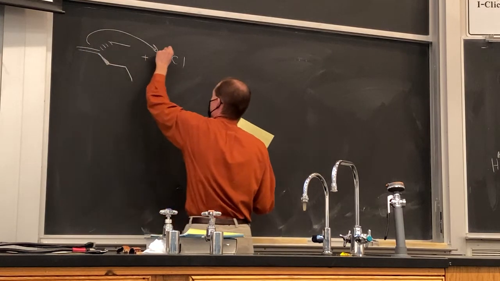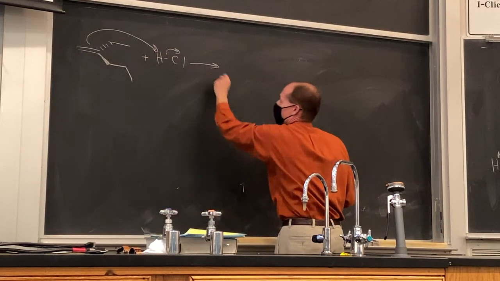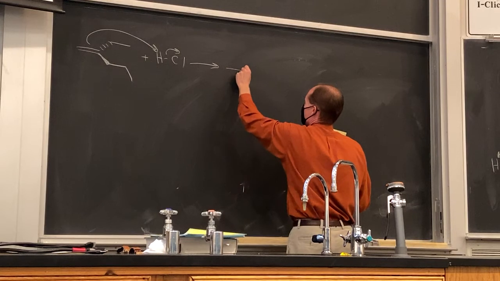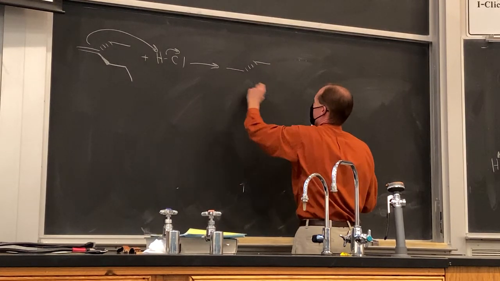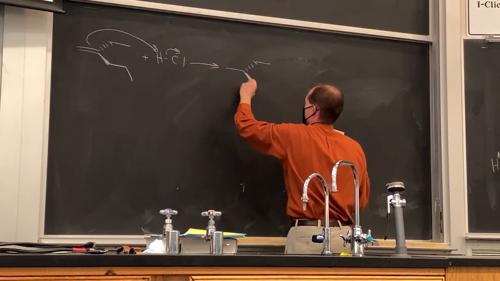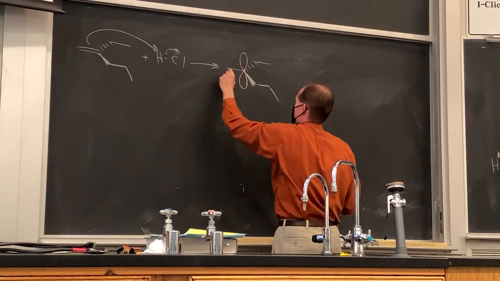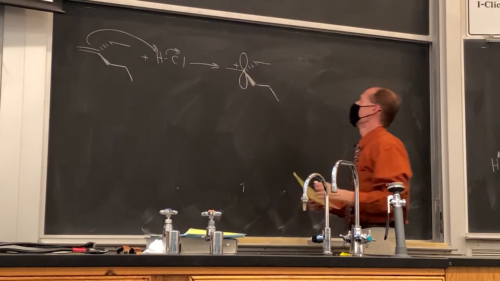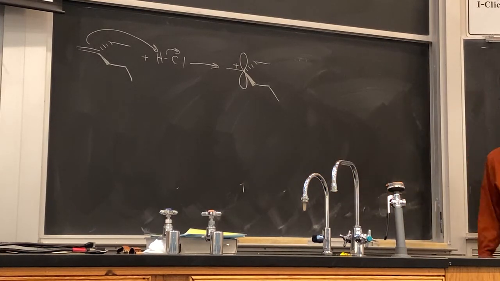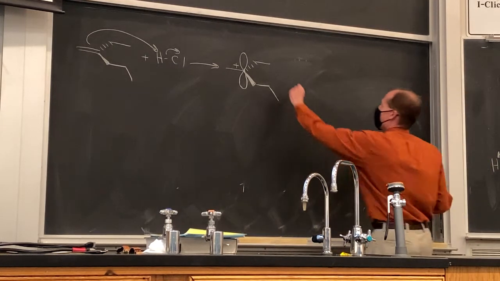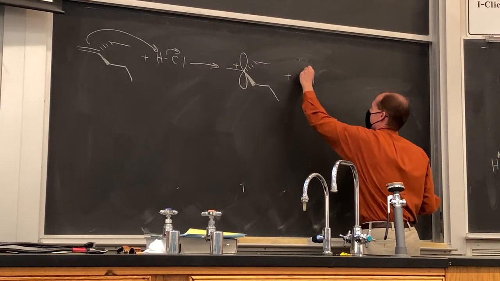We're going to protonate it. That's going to give us a carbocation. I'm going to go ahead and draw our empty orbital, our positive charge. So that carbocation is perpendicular to the plane of the chalkboard. And then that's going to react with chloride.